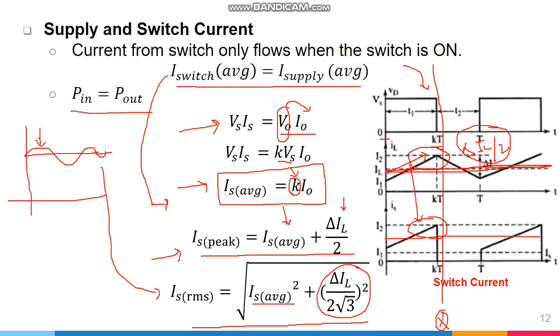But now here the peak is delta IL by 2. If this is my total ripple delta IL, this is delta IL by 2, this peak. So delta IL by 2 is the peak, divided by square root 3. The RMS value of a triangular waveform can be calculated like this: the peak value divided by square root 3. So this is triangular in shape, therefore the RMS value will be calculated like this.